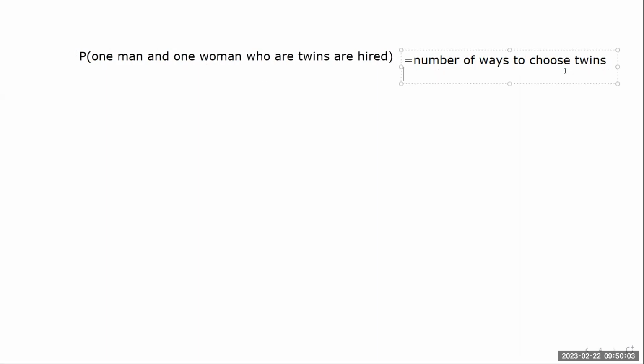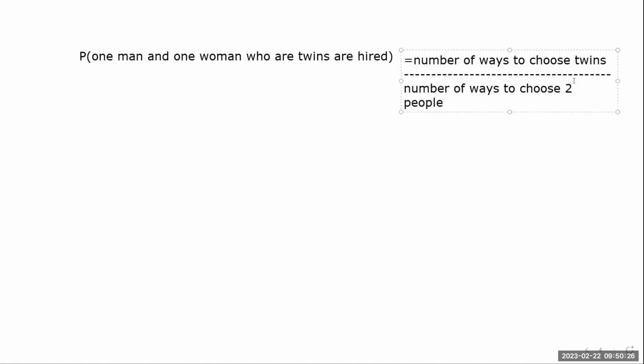So the number of ways to choose the twins divided by the number of ways to choose two people, who could be twins or not, but this is just choosing two people in general.